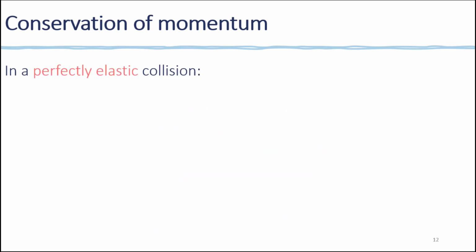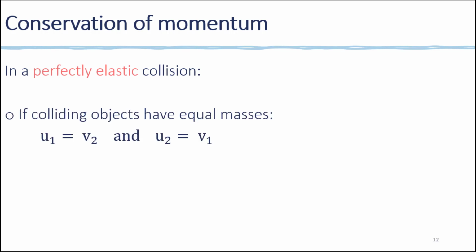So that was a lot. I'm just going to recap the past few slides here. The examples of the marbles hitting each other, that was an example of a perfectly elastic collision in 2 dimensions of a moving object with a non-moving object. So if the colliding objects have equal masses, like the marbles did, then these equations apply.